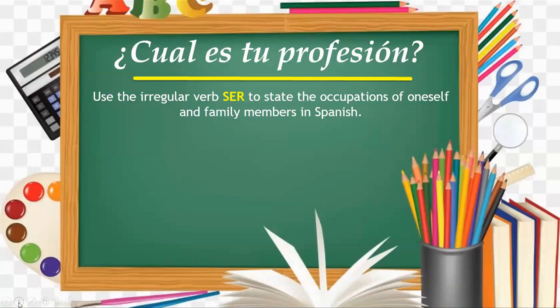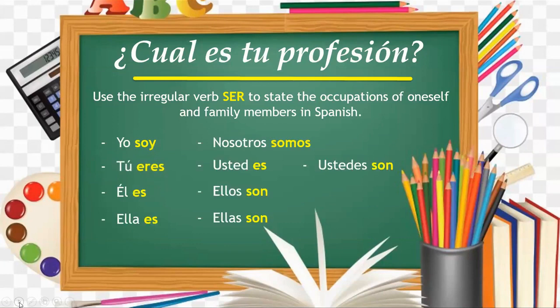Okay. All right, now we're going into professions, right? ¿Cuál es tu profesión? So one of the things that you had to do in that little exercise just now was say what profession you prefer. All right, and so we're going to look at that. You should know how to conjugate the verb ser at this time. So you should know yo soy, tú eres.